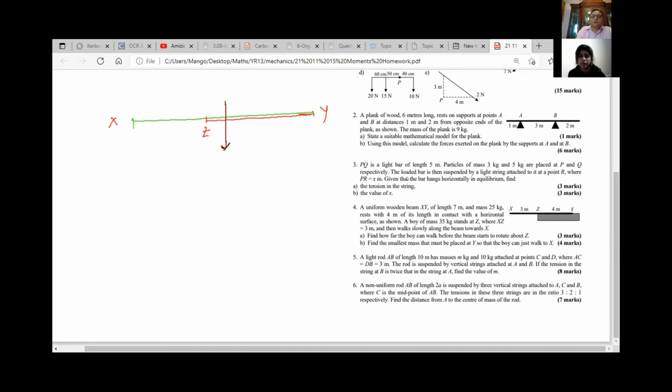So this is 25g, right? Now the boy is here, right? Do you see that 35g? And because he's at the 3 units end, and total was 4, but this is 0.5, right? 4 was from here to there, right?